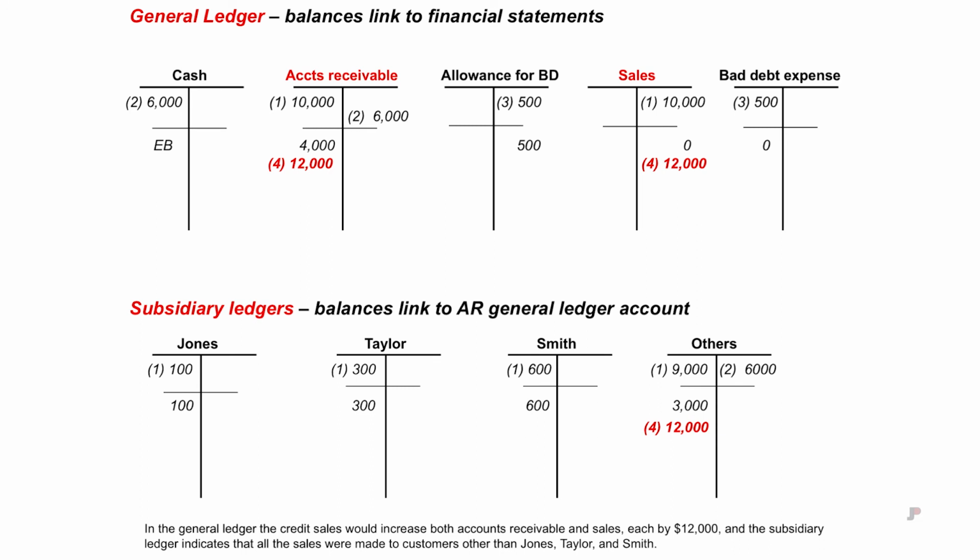In the general ledger, the credit sales would increase both accounts receivable and sales, each by $12,000, and the subsidiary ledger indicates that all the sales were made to customers other than Jones, Taylor, and Smith.